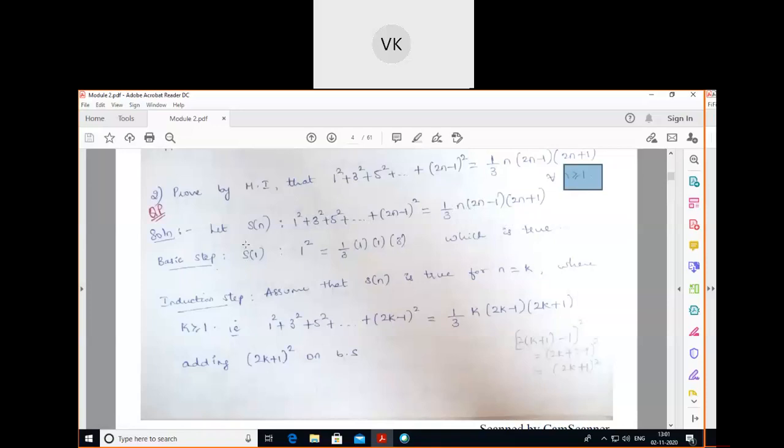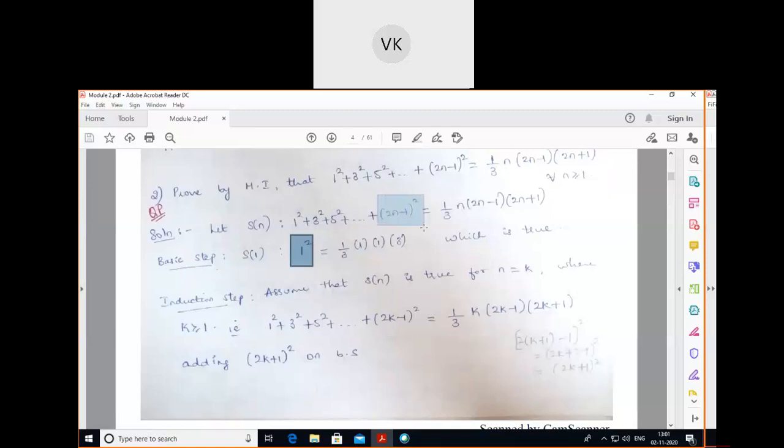This is S of n. I am going to take n equal to 1, so it is S of 1. Here 1 square is equal to... why is it 1 square? 2n minus 1 is there. When you put 1, 2 into 1 is 2, 2 minus 1 is 1, 1 square, yes or no?